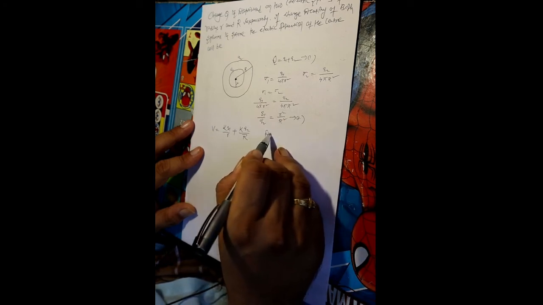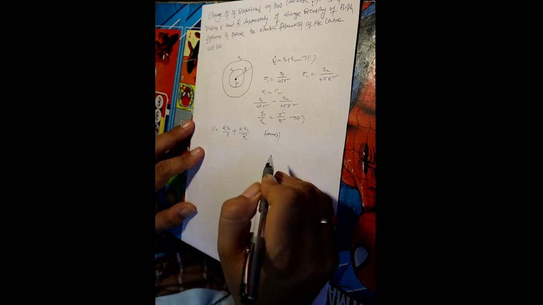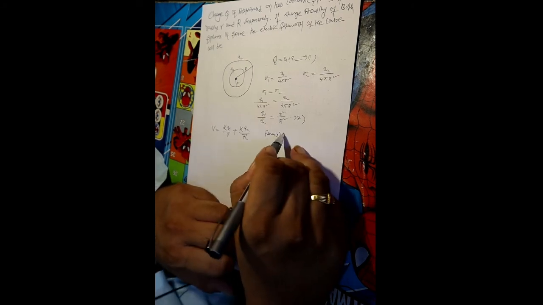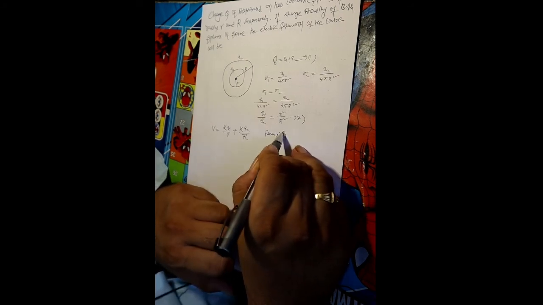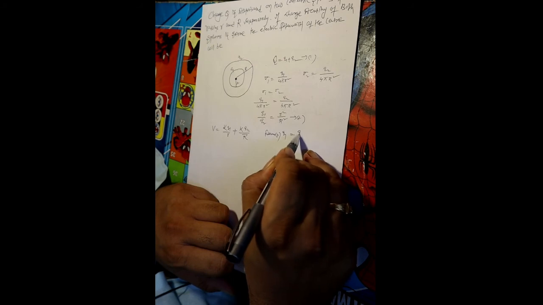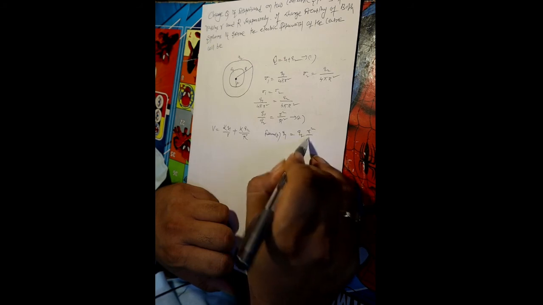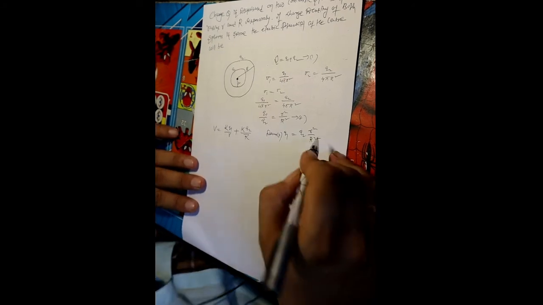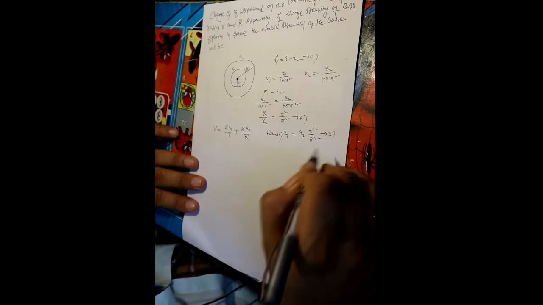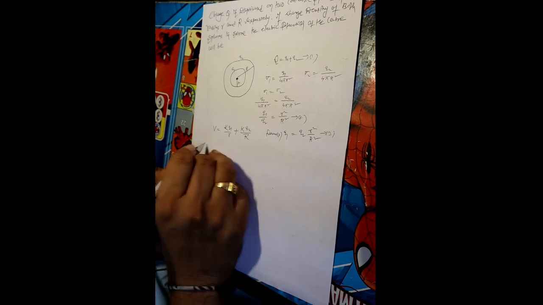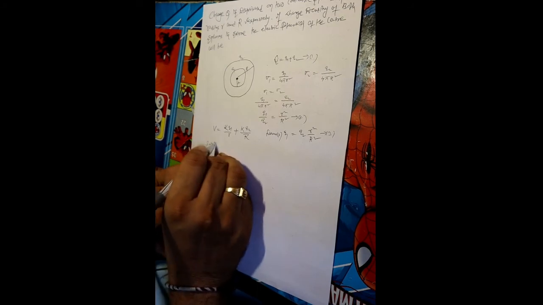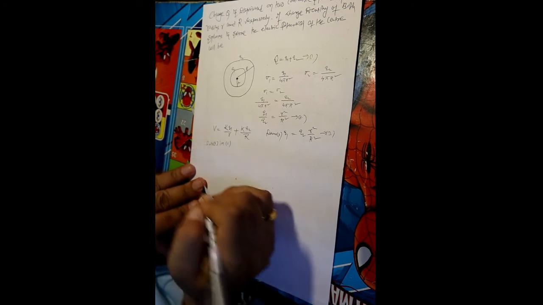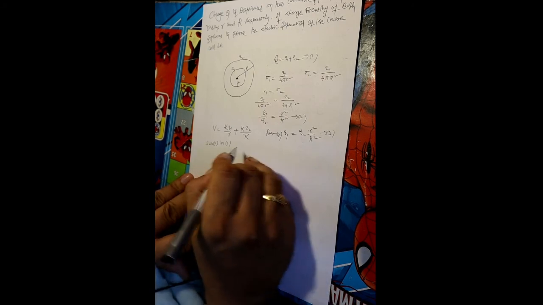From 2, Q1 is equal to Q2 into r square by capital R square. This is equation 3. So now substitute 3 in 1.